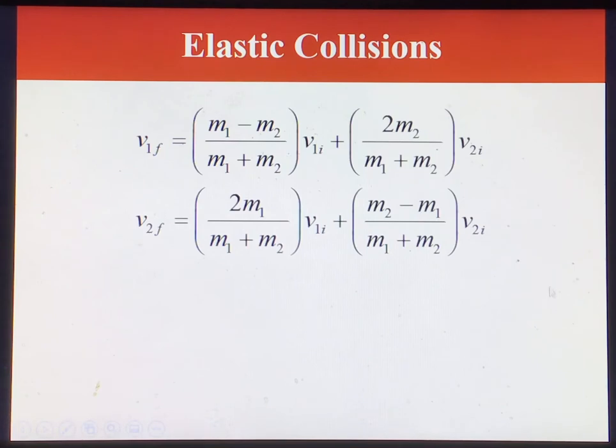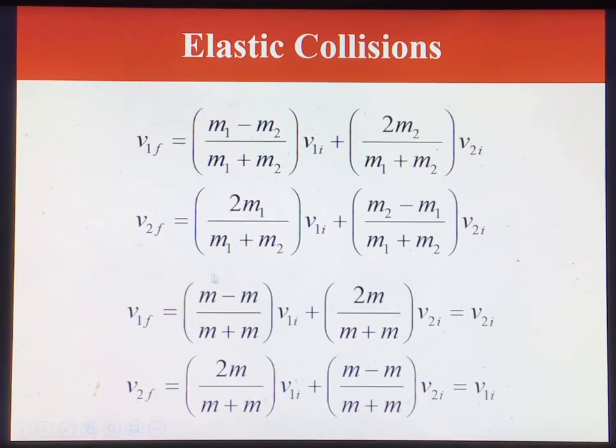All right, so again, we have these equations here, then we can look at what happens when M1 is equal to M2. When M1 is equal to M2, if you just make M1 equal to M2 here, this first term would be 0, and so you just get V1 final is equal to V2 initial, and V2 final is equal to V1 initial.